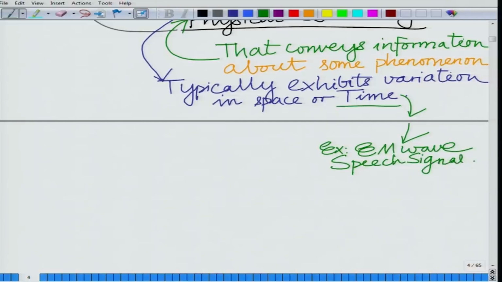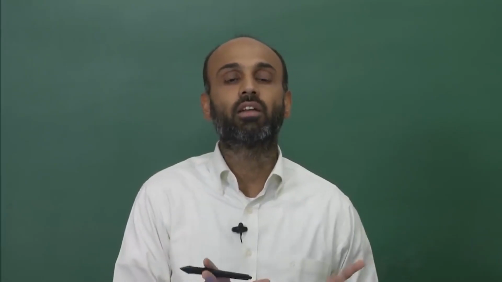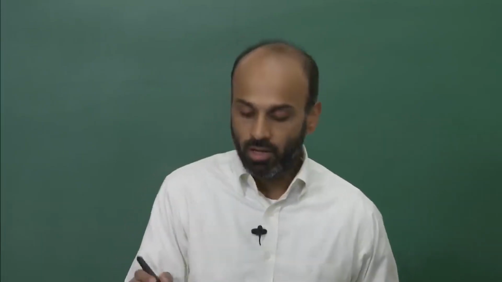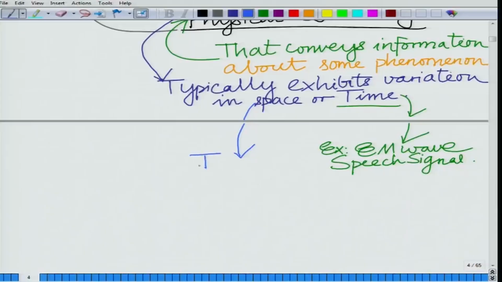If you are looking at space, we can talk about signals in space, not just in time, such as an image, which is a two-dimensional space signal, x direction and y direction. An image is a two-dimensional signal, correct. So, an image can also be thought of as a signal in space, okay.